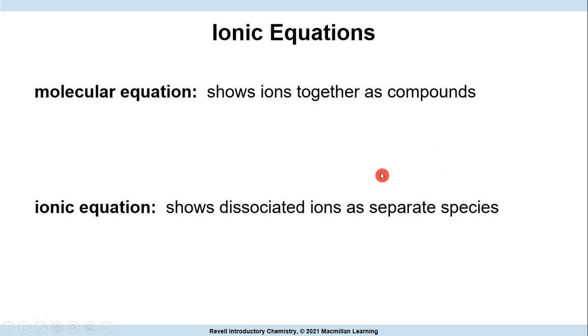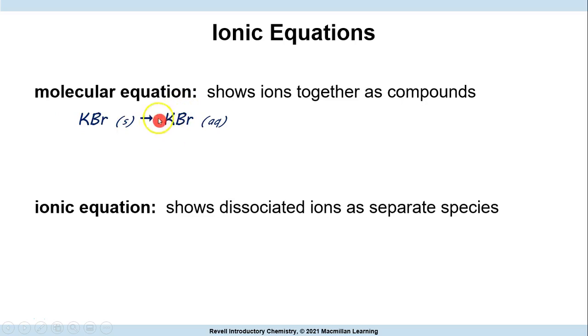Now let's look at ionic equations. A molecular equation shows the ions together as a compound, while an ionic equation shows the dissociated ions as separate species. Let's look at an example here. We'll see the molecular equation and the ionic equation. The first one that we are going to see is potassium bromide solid.